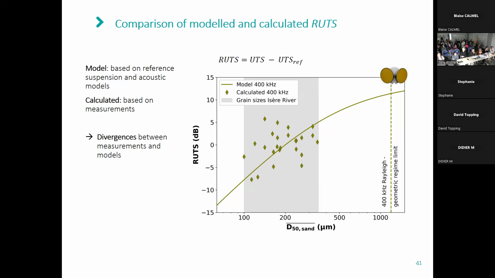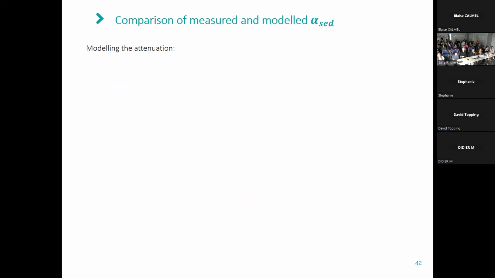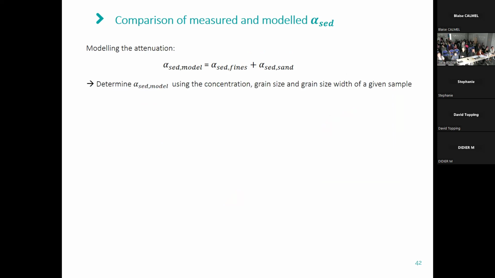So similarly, for these backscatter relations, I also performed this for the attenuation alpha s, where I modeled the attenuation and separated it into the attenuation of fine sediments and the attenuation of sand-sized sediments. And I am able to determine the modeled attenuation using the concentration, the grain size, and also the grain size width of a specific sample of our sampler suspended sediment samples, for example.